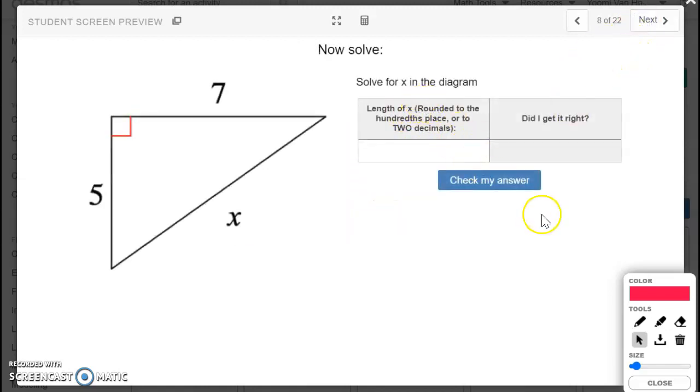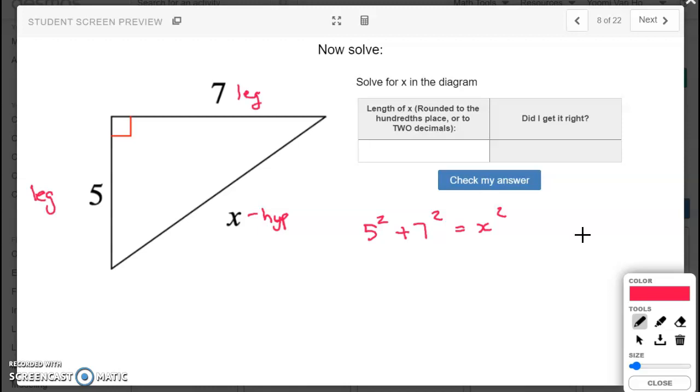Now solve for x in the diagram. Okay, so previously we said the correct equation was 5 squared plus 7 squared is equal to x squared. Why? Because this is my hypotenuse. This is my leg. And this is another leg.